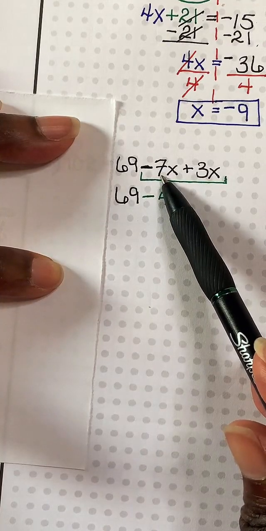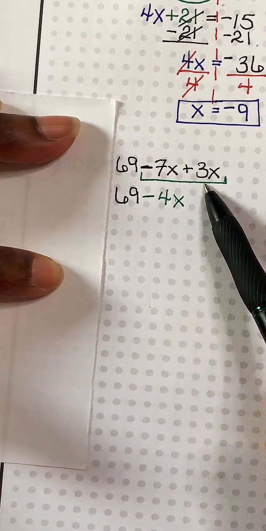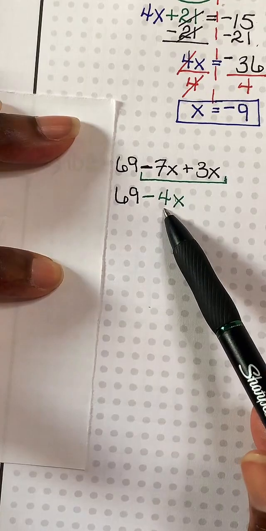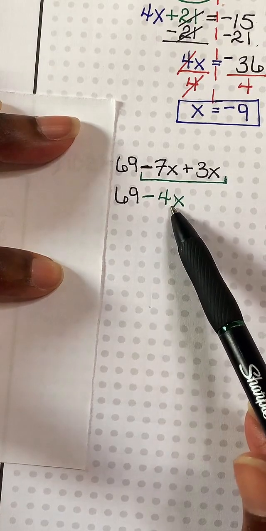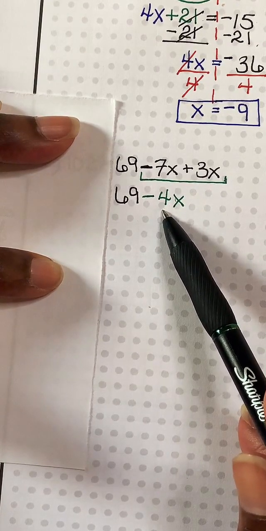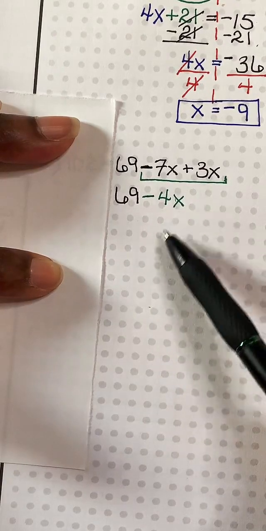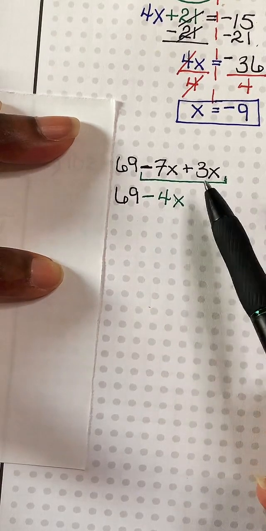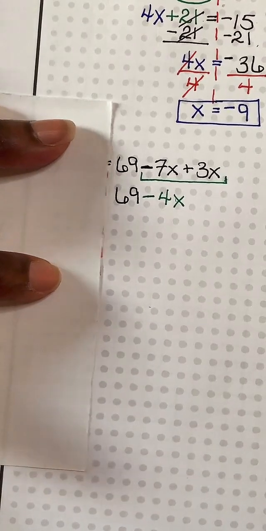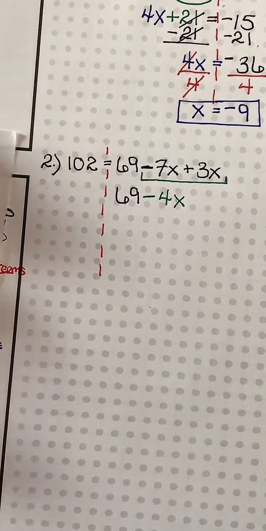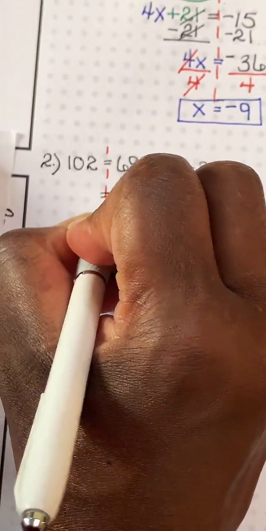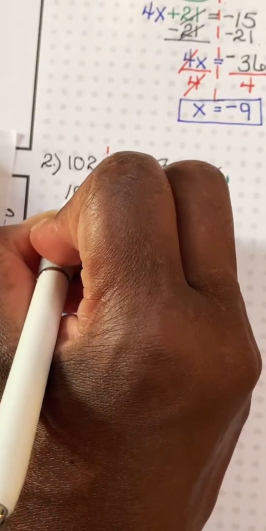You owe me $7. You gave me $3. You owe me $4, okay? Don't try to tell me like, oh, no, I paid you last week. But I'm like, no, receipts. Okay, keep receipts, especially with friends. All right, so we are bringing down the equal sign and bringing down the 102.